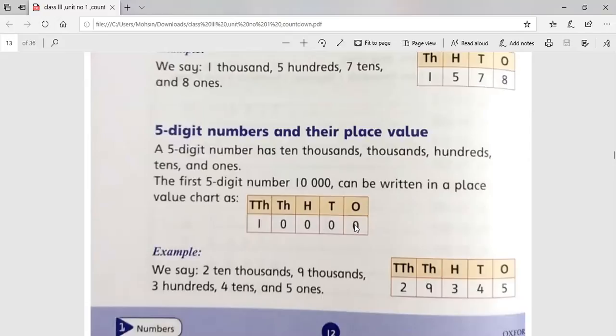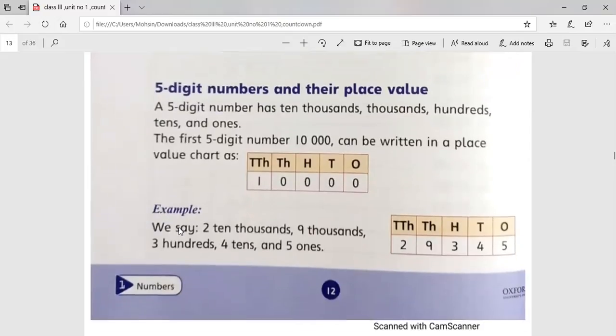Now the next example: they draw a place value chart and write a number under it. You can see how many ten thousands we have: two 10,000s. So first they write two 10,000s, then a comma, then thousands. How many thousands? Nine.